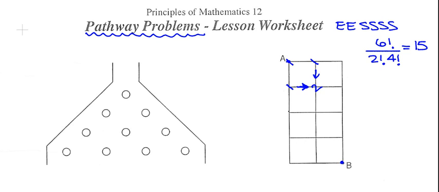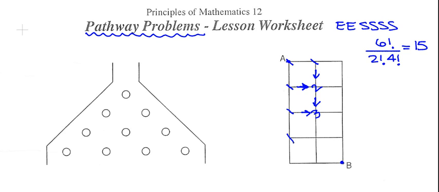So right here, for example, I have one way of getting here, but this point right here, I have one way of getting it from the left and 2 ways of getting to it from above. So that gives me 3 total ways of getting to this point on the intersection.